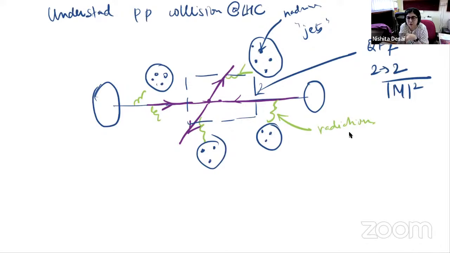Okay, so we'll talk about how you define what are useful variables. I'll make the word useful also more concrete, and how to simulate this 2 going to 1000 process, and that is normally done by what are called Monte Carlo generators, which use probability distributions that have been empirically determined from experiment to simulate each step of this process from one to the next.